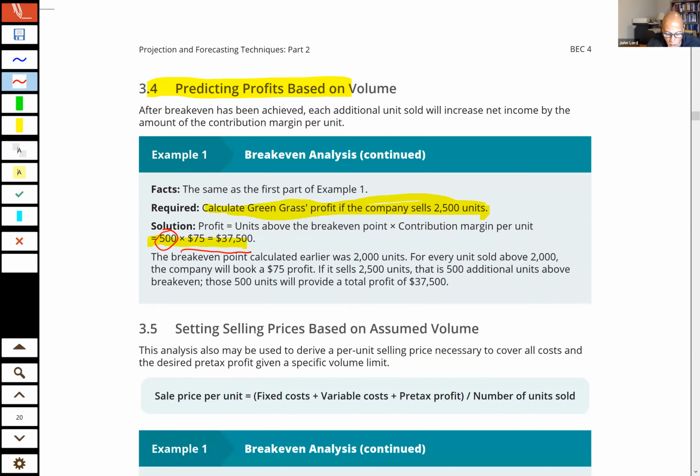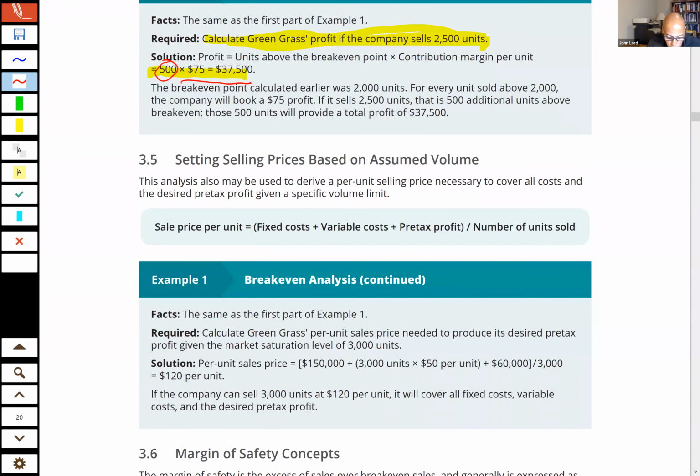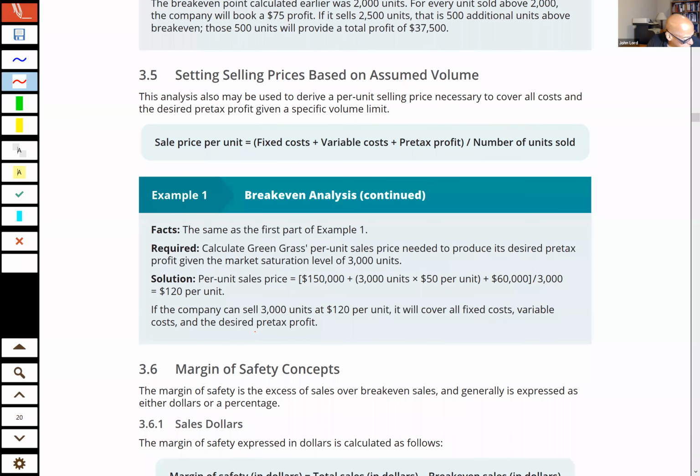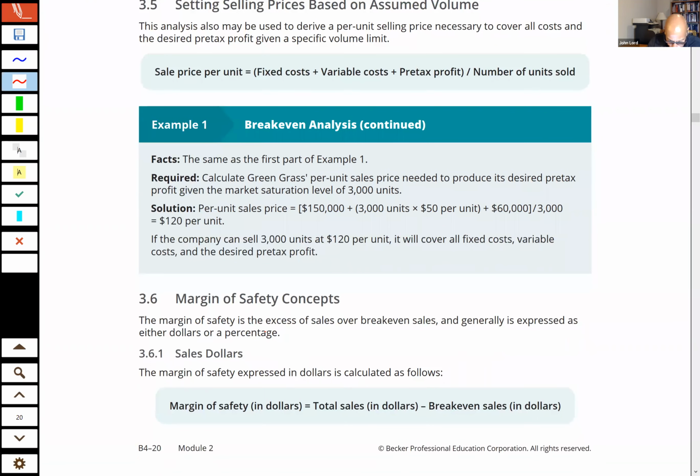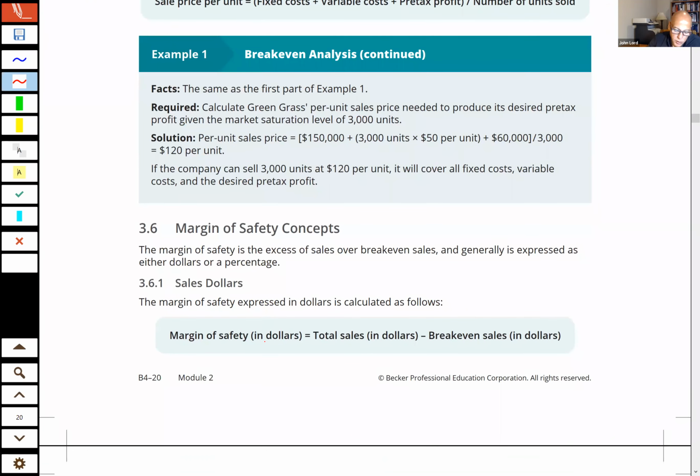Okay. All right, good. Let's come over and take a look at margin of safety. Margin of safety concepts are basically saying, hey, we want to have an amount over our break even, and that amount that we sell over our break even is going to be called a margin of safety.